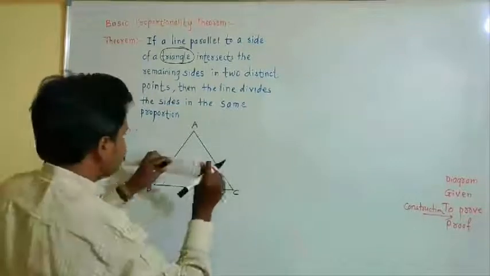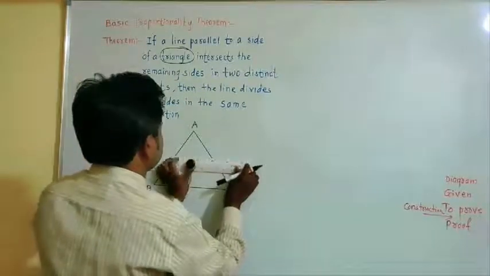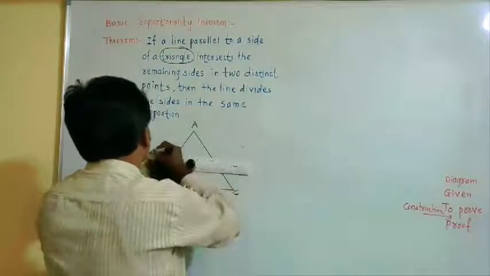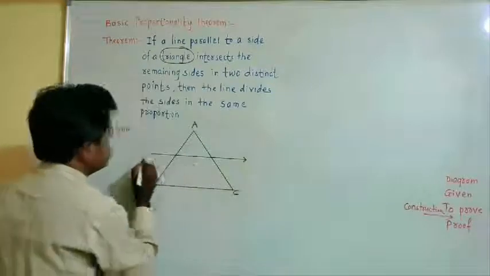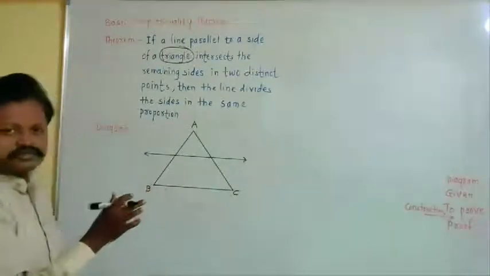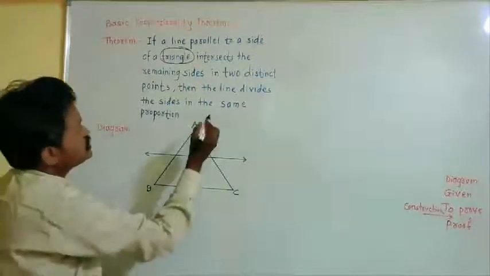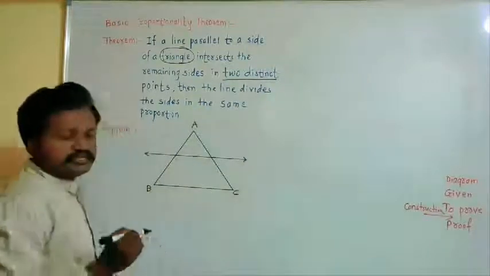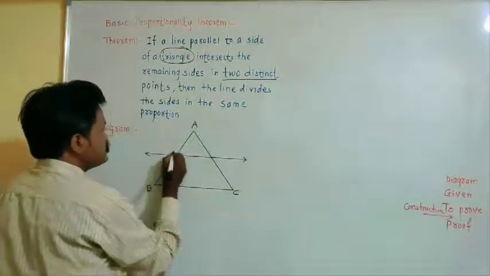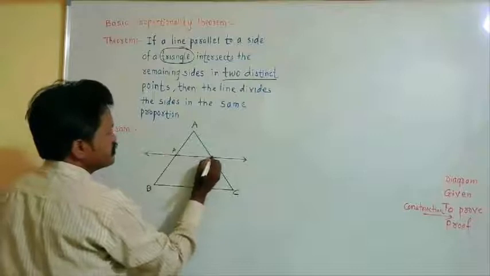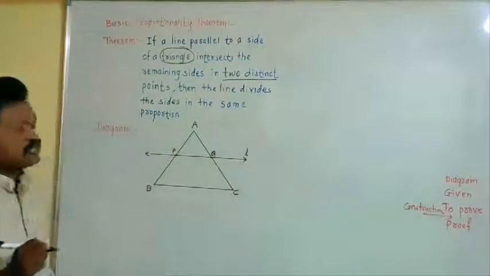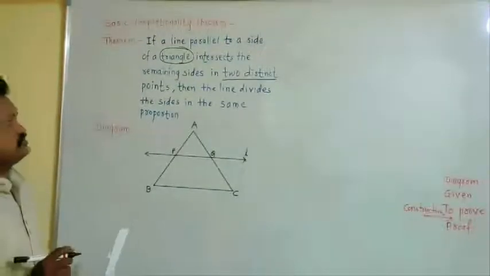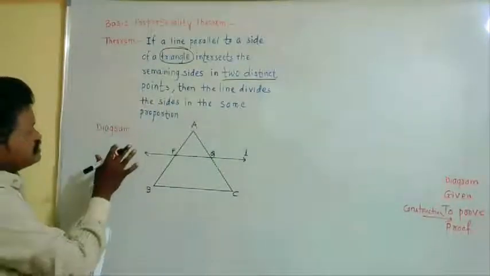So I draw one line as X. So that is one line. This line intersects two sides in two distinct points. So name this point as P and here Q, and name this line as L. So as such you make a figure, the diagram. So that is the diagram.